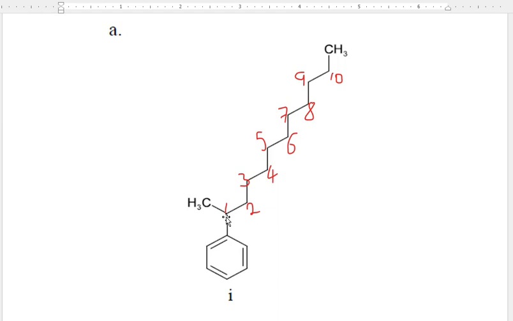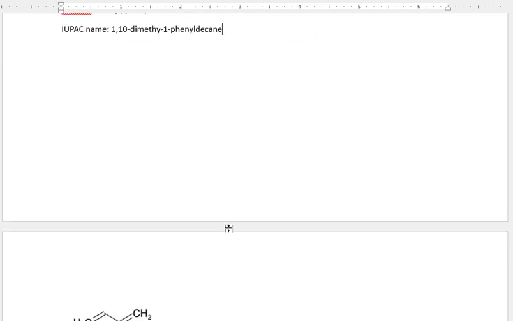So at least most of the branches are supposed to have the smallest number possible when numbering the carbons. Also take note how I have numbered the carbons. I have not included this one because this one is a methyl group which is attached to the carbon in the main chain.